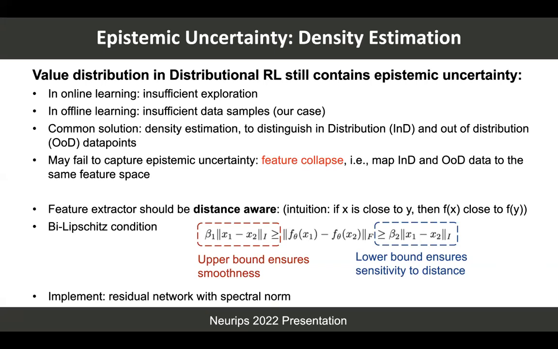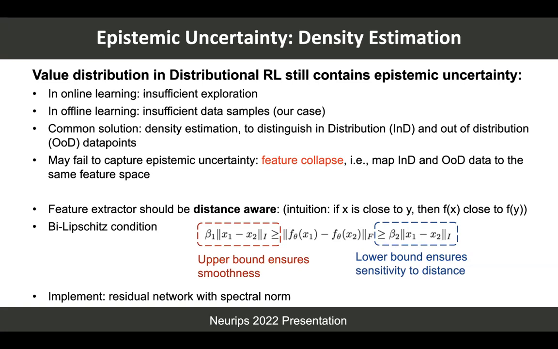Here, one common reason the neural network may fail to distinguish in-D data and OOD data is feature collapse. It has been pointed out by some existing papers, which means the neural network may map the in-D and the OOD data to the same feature space.